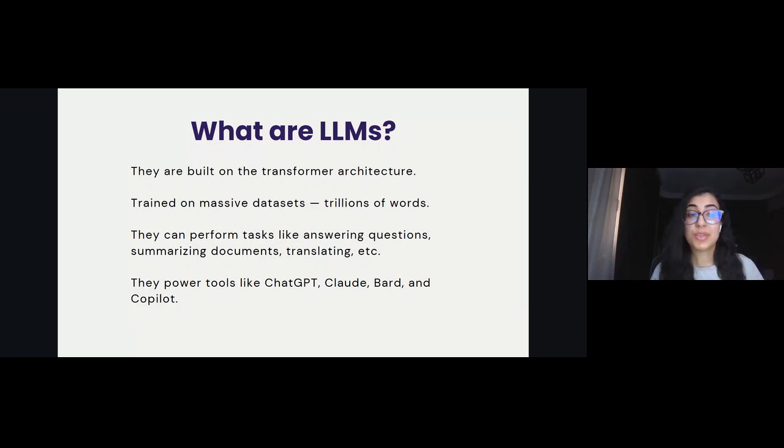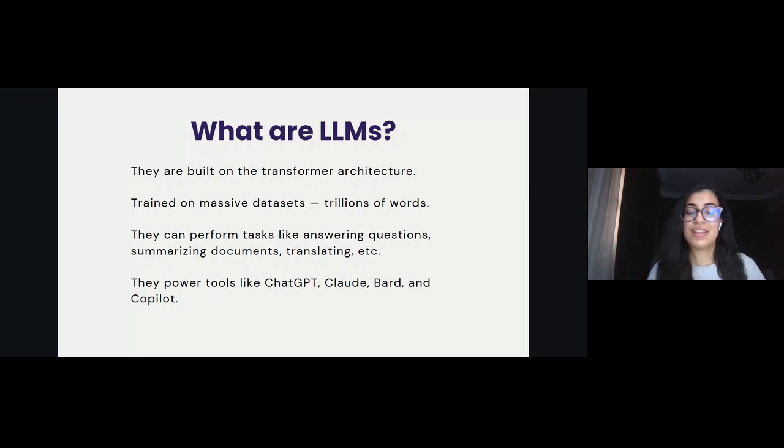This transformer architecture was introduced by Google in 2017 in a paper called Attention is All You Need. It basically replaced older models such as RNNs and LSTMs, and now the transformer architecture enables LLMs to scale effectively and understand context.